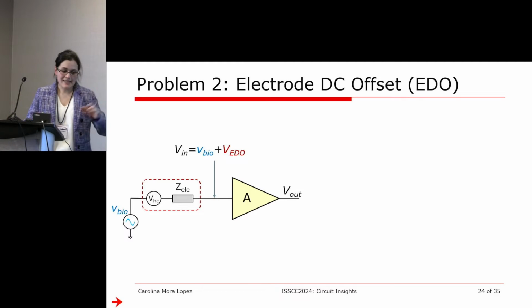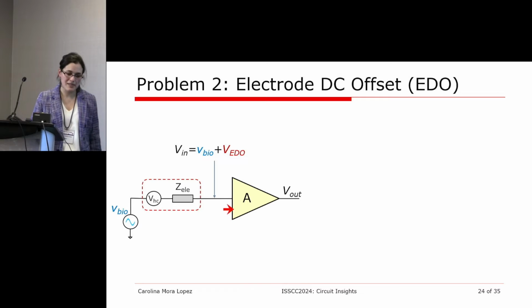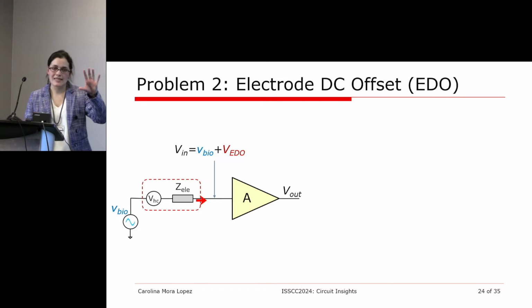So let's understand a little bit why this electrode DC offset is a problem. Again, you have your electrode, it has a half cell potential, it has an impedance, and your input amplifier also has an input impedance. If you have a small biological signal connected through the electrode, what the amplifier will see at the input is a combination of the small biological signal and your electrode DC offset.